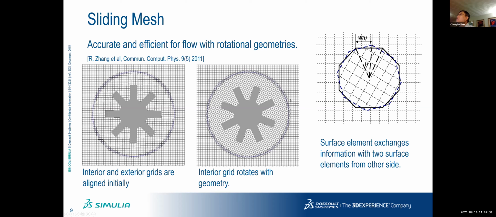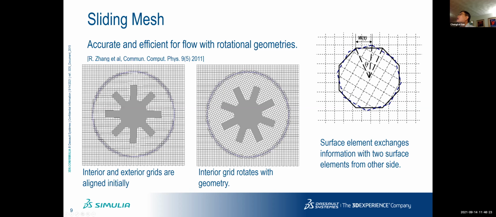At the sliding mesh interface, we define two sets of surface elements. One is for the interior, and the other is for the exterior, for example, the solid line and the dash line.